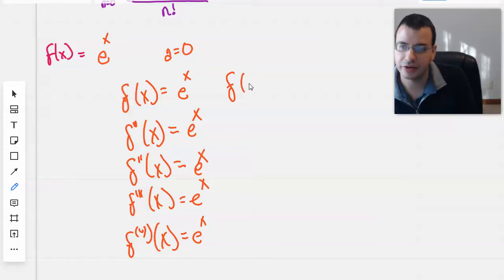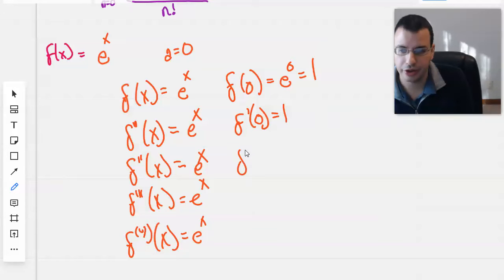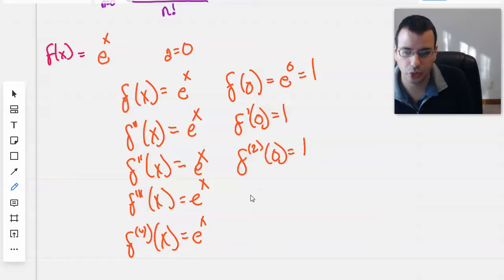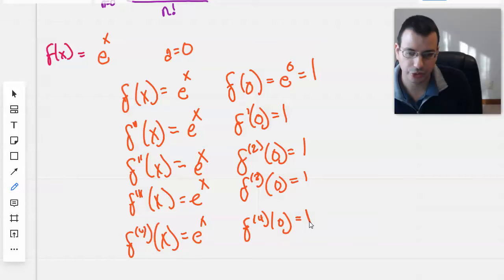F of 0, which is same as f of a, equals e to the 0, which equals 1. F prime of 0 equals 1. F second derivative of e to the 0 equals 1. F third of 0 also equals 1. And f fourth derivative of 0 equals 1.